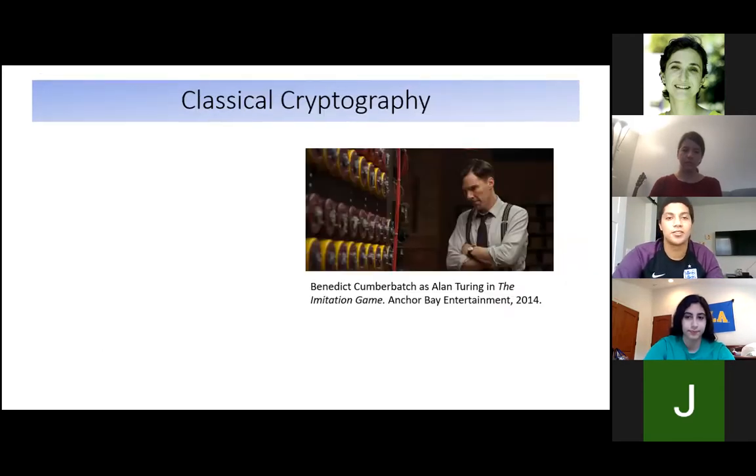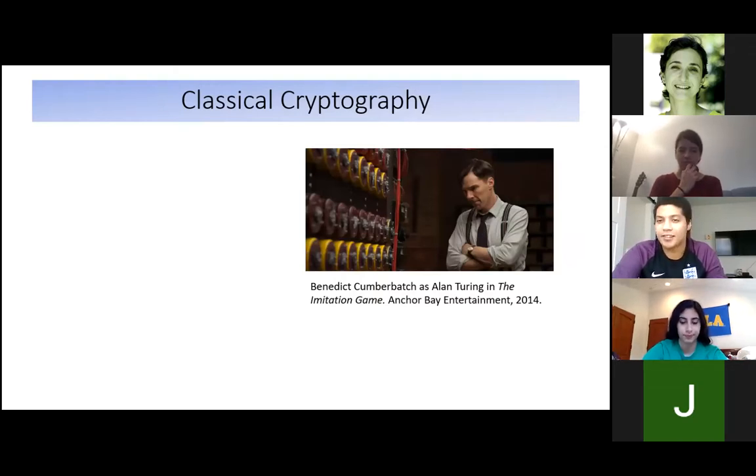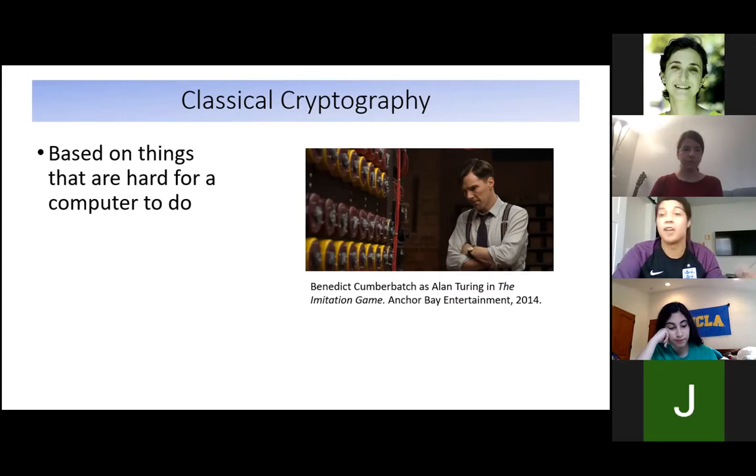So first, classical cryptography. It's based on not impossible tasks, but tasks that are really hard to accomplish. All classical cryptography boils down to is that to decipher something, it has to be very, very hard for a computer to do, but not impossible.